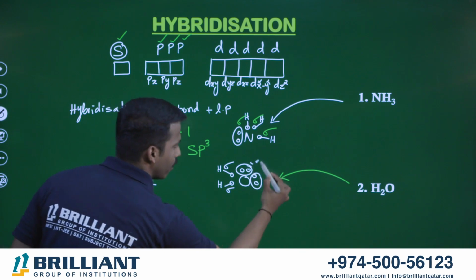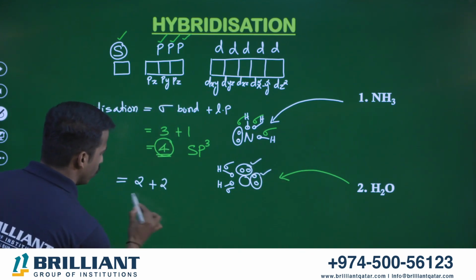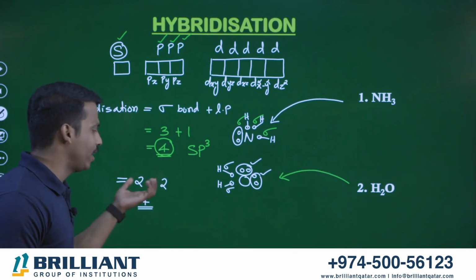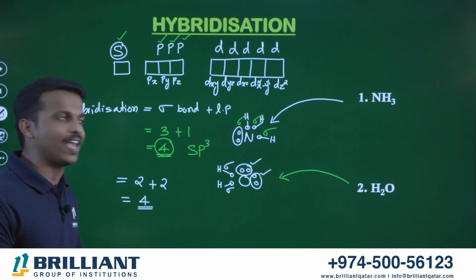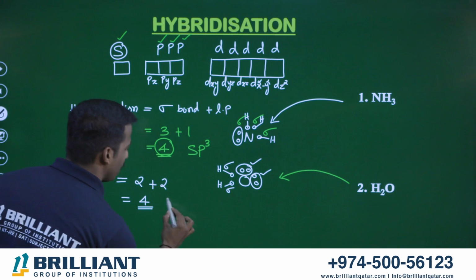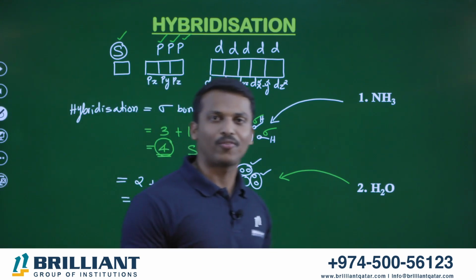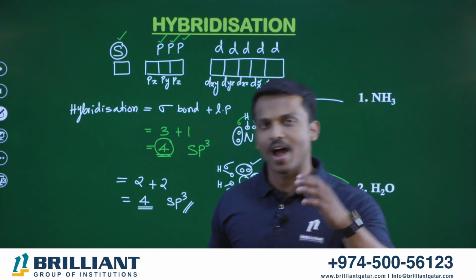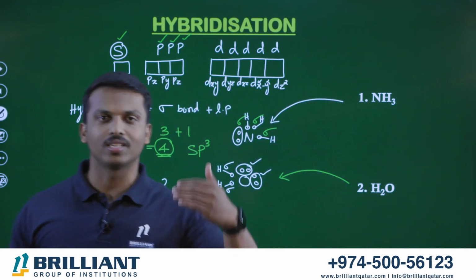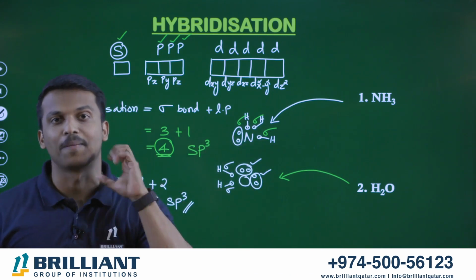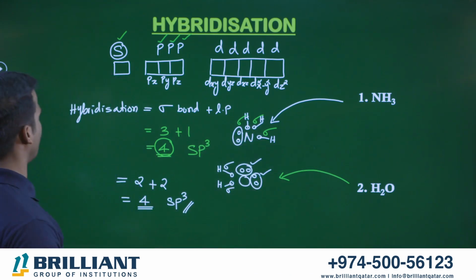How many lone pairs? 1, 1, total 2. So the total is 4. Here again 4, so the hybridization is the same: 1 s orbital, 3 p orbitals. Hybridization is sp3. Clear all of you? This is the way to find out hybridization. Please wait. We can discuss a maximum of 12, 13, 14 compounds on how to determine hybridization in the coming topic.